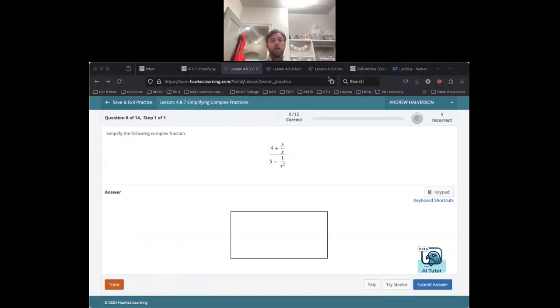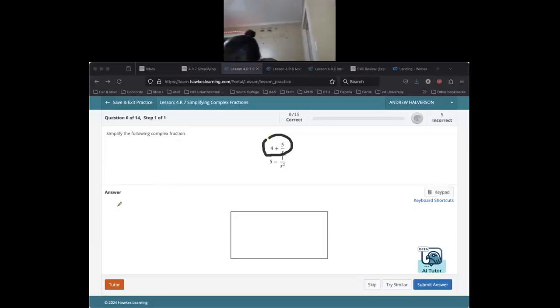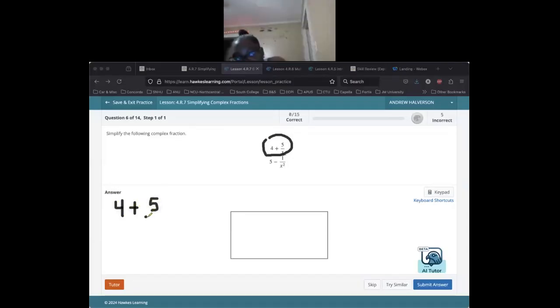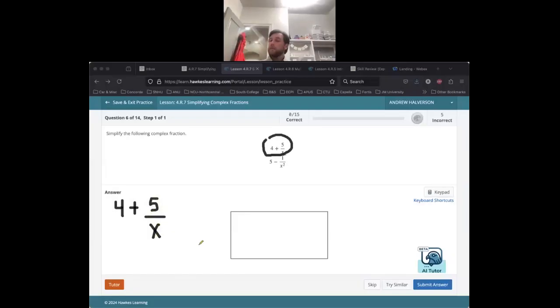So when I look at this problem here, and remember your goal, I just told you, so you probably don't remember it, but when you're dealing with fractions in fractions, your goal is to get one fraction in the top, one fraction in the bottom. So I want to take the top, 4 plus 5 over x, and I want to write it as one fraction. How can I do that? Put the 4 over 1. Boom. Yes. Put the 4 over 1.